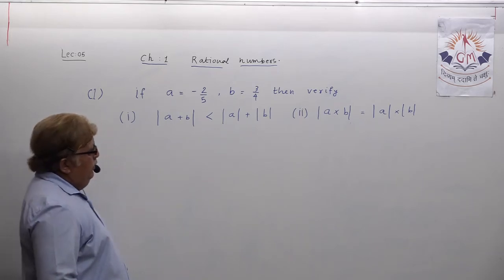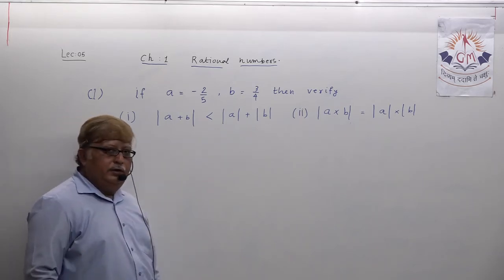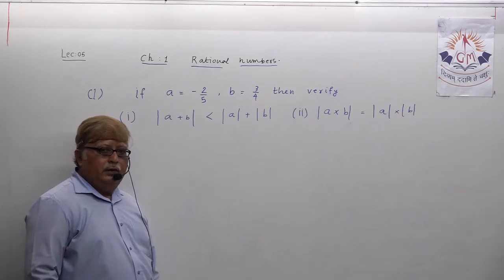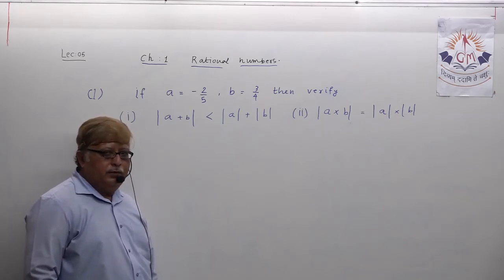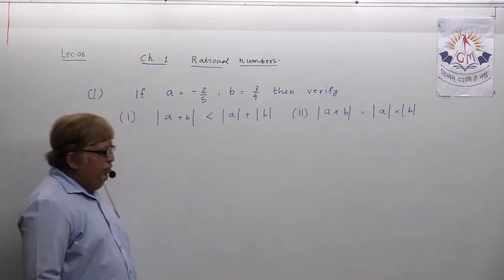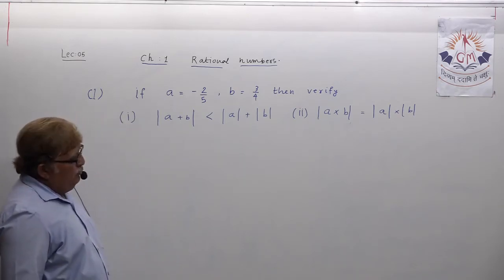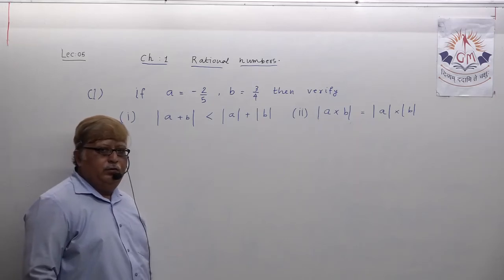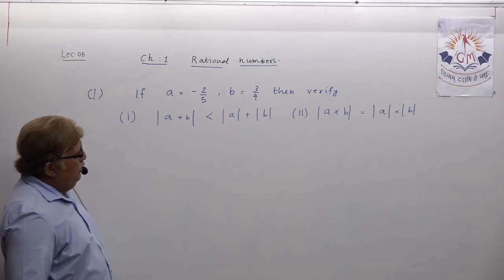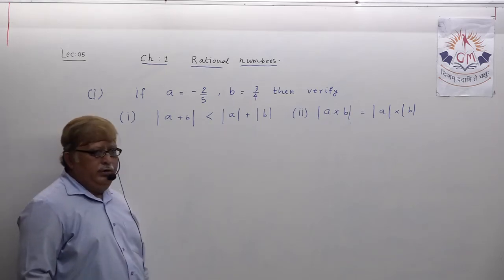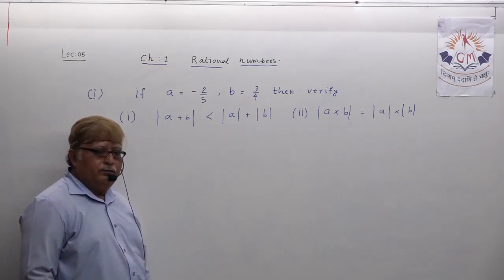First verify. You are already given the values of two rational numbers A and B. A is given as minus 2 upon 5 and B is given as 3 upon 4.